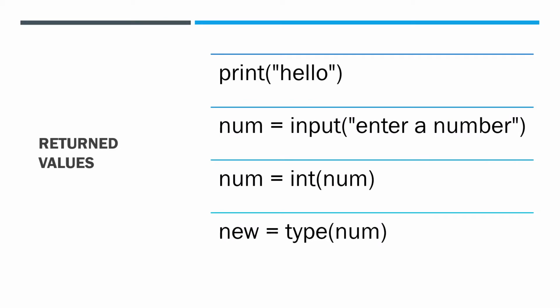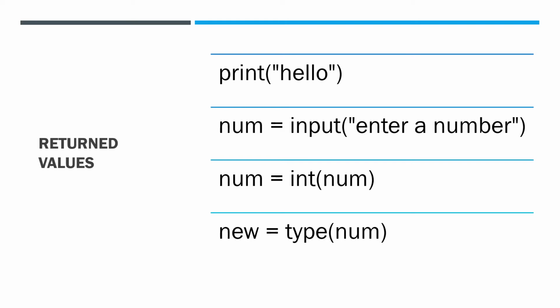As well as taking a parameter, every function produces a new value, and the computer must capture or use this value in some way. The print function is slightly unusual because the value that it produces will be displayed in the Python shell. The input function will take whatever the user types in and save it to a new variable.